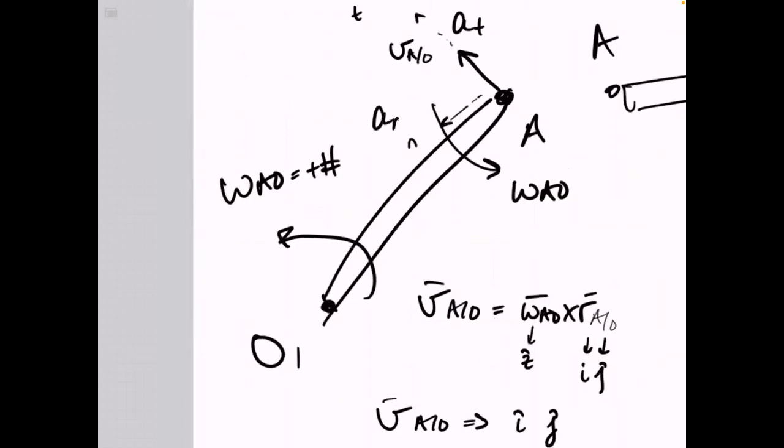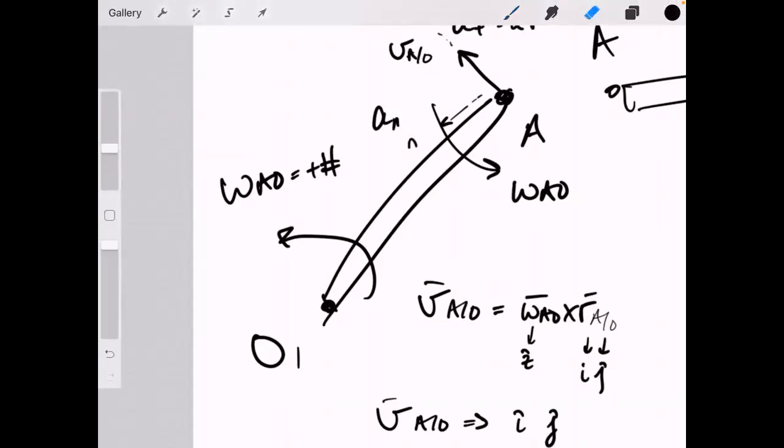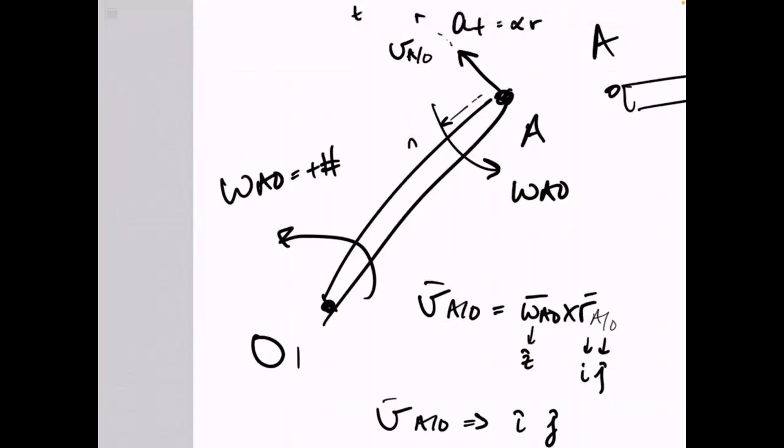A tangential is a function of alpha and R, and a normal is a function of velocity, or we'll go ahead and convert it to omega, so omega cross R. So a tangential is a function of angular acceleration. A normal is a function of velocity, which can also be written as a function of angular velocity.